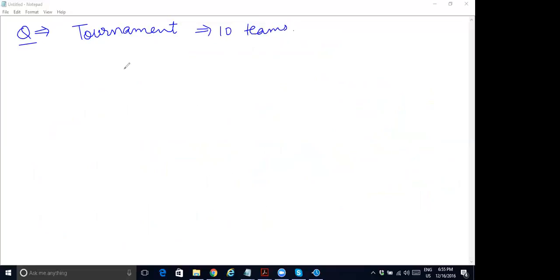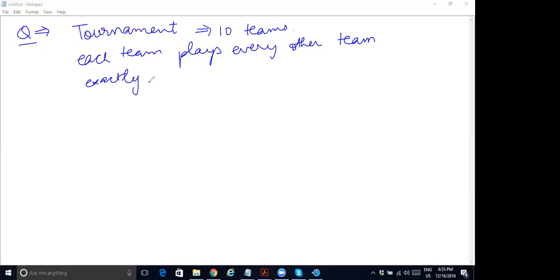And the tournament is designed in such a way that each team plays every other team exactly once. How many matches were played in the tournament?